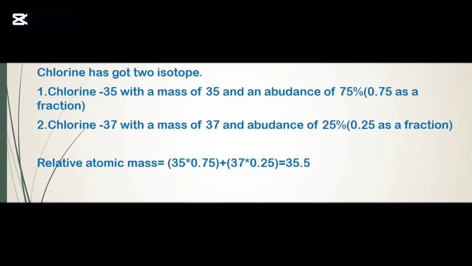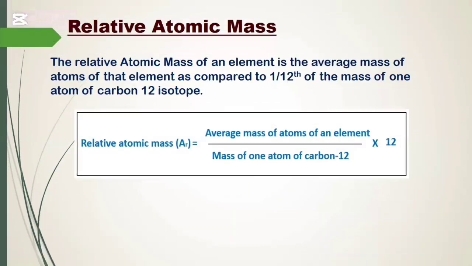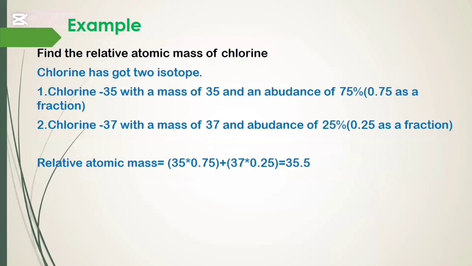I think now you understood what this whole thing means, because the relative atomic mass is the average mass of atoms of that element. So here we took the average and finally we got the answer as 35.5. I hope that you understood it.